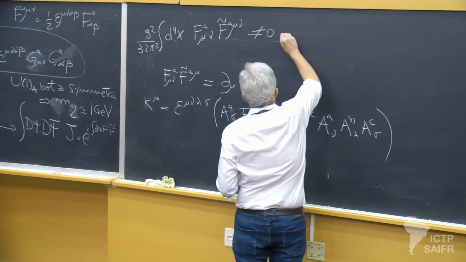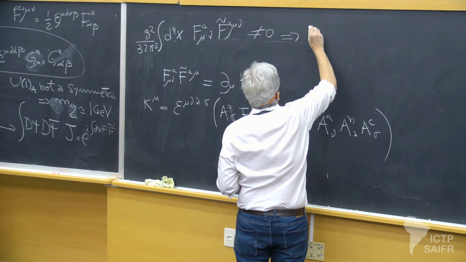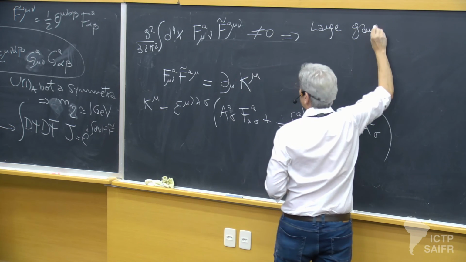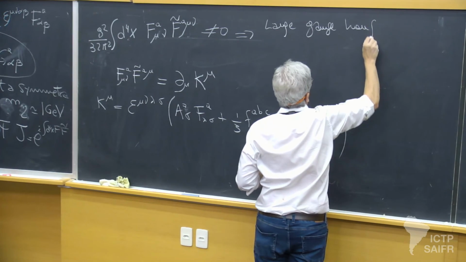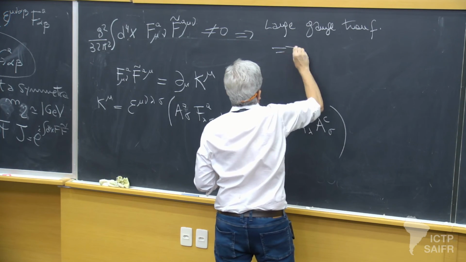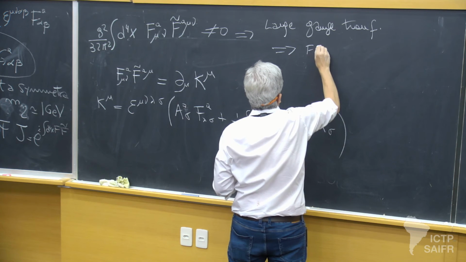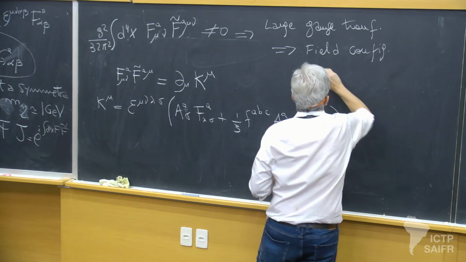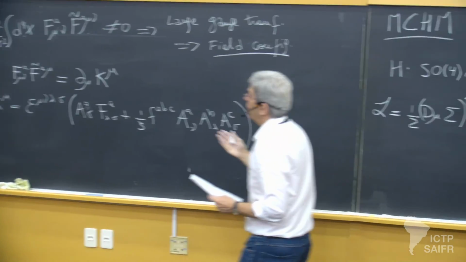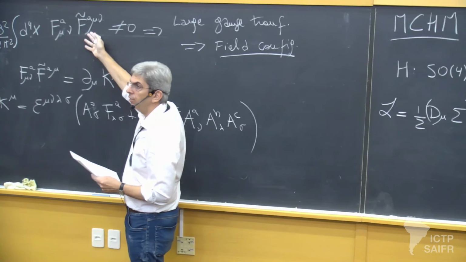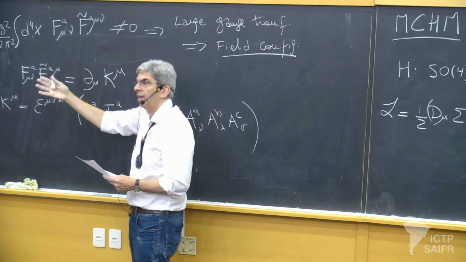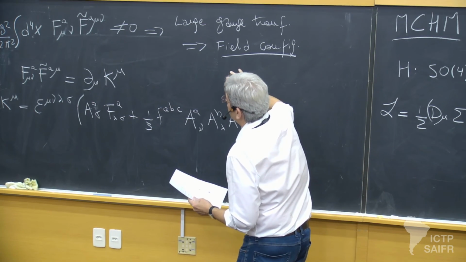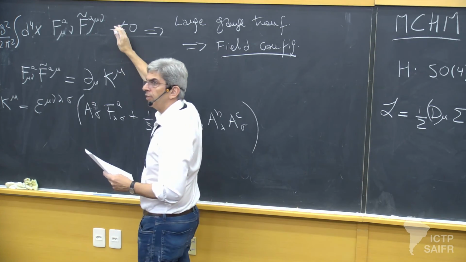Now, when this is the case, there are large gauge transformations, as were mentioned by Misha, that drive field configurations. These field configurations simply do not allow you, I mean, you will get a non-zero answer for this. I don't have time to give examples, but I can show you an instanton solution where this is not zero. You can compute this integral.